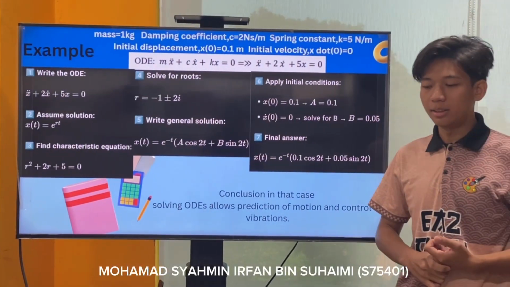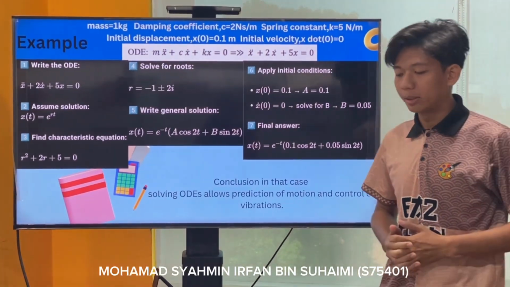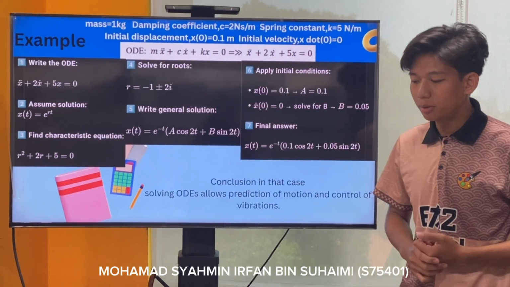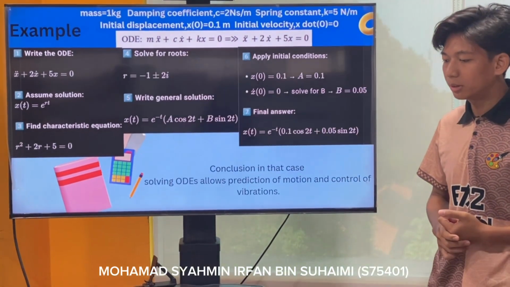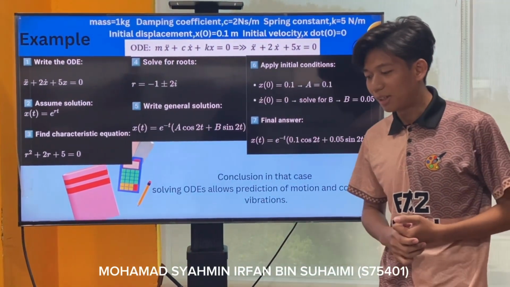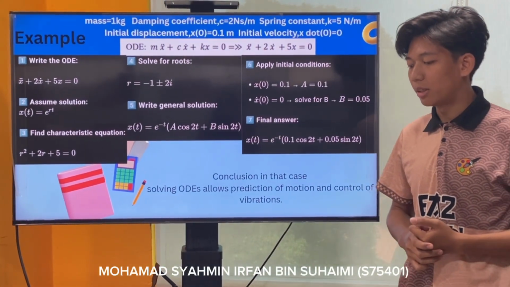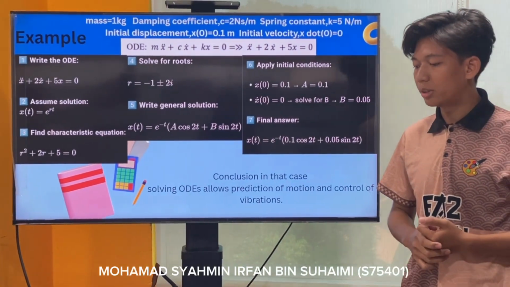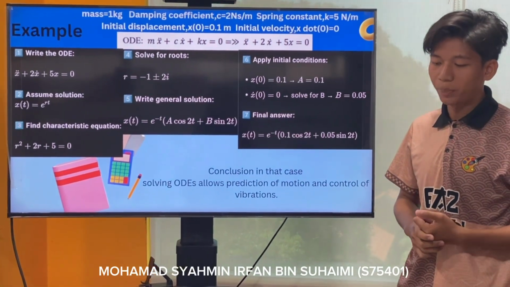Okay, next is the example for application 2. Given mass equals 1 kilogram, damping coefficient 2 Ns/m, spring constant k equals 5 N/m, and initial displacement equals 0.1 meter, initial velocity given 0.